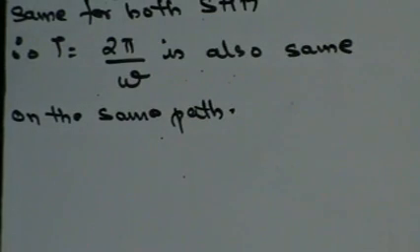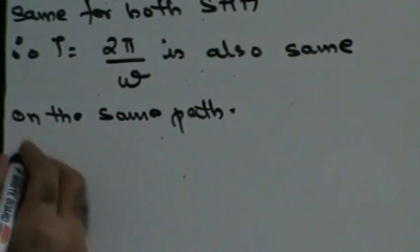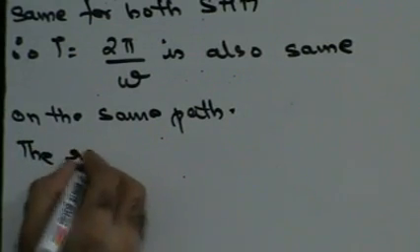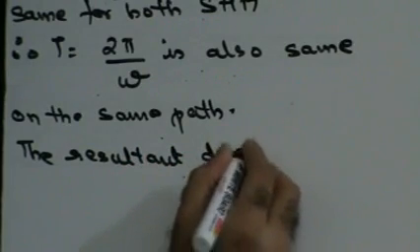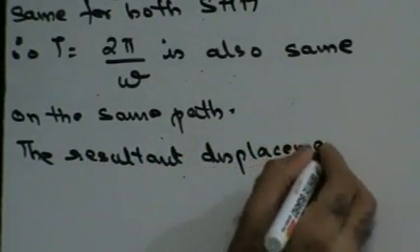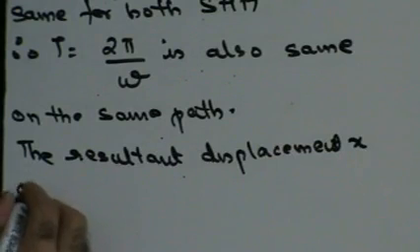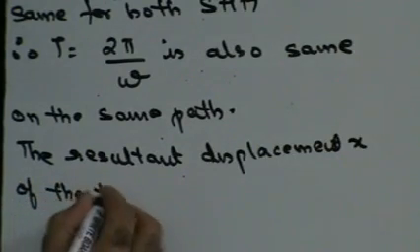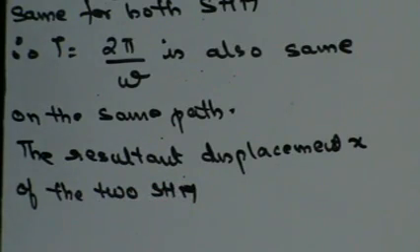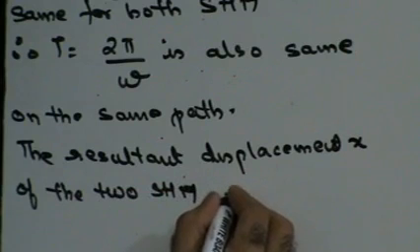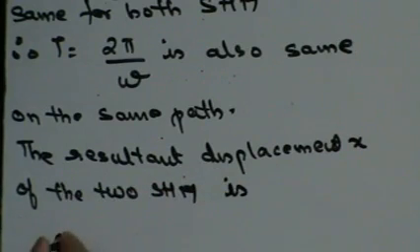Right? Once we have this, now let us find out the resultant displacement of these two SHM. The resultant displacement x of the two SHM can be given as x is equal to x1 plus x2.